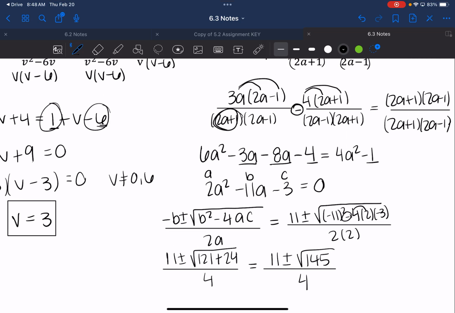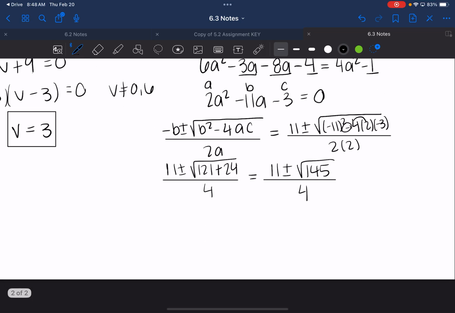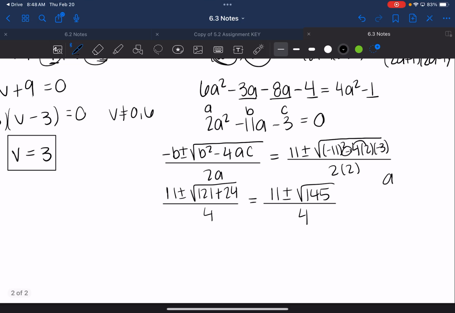What would I not want to plug in here or here? So as long as it is not positive or negative a half, we're good. Well, that's not positive or negative a half, right? So these would be our 2 solutions. We came up with 2 real solutions. All right? Okay.